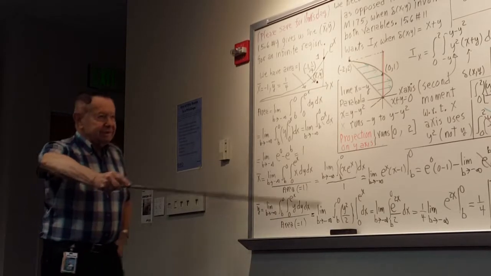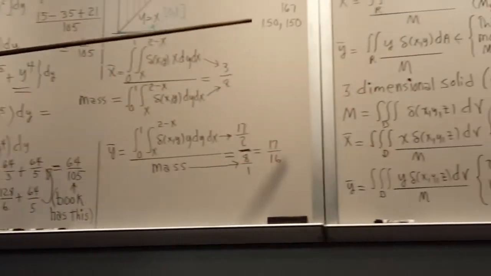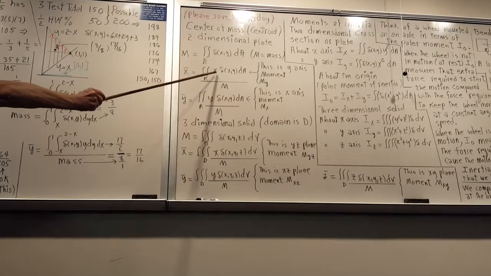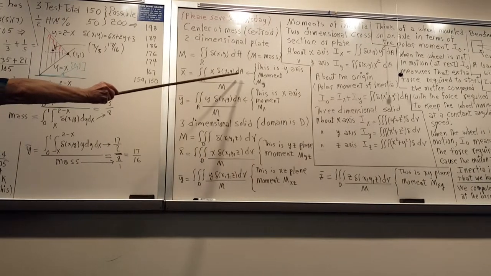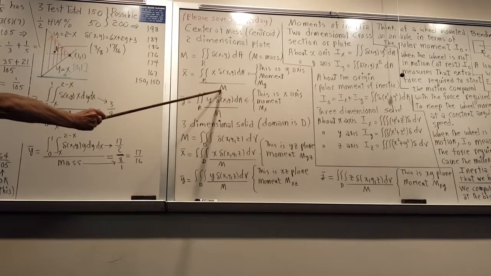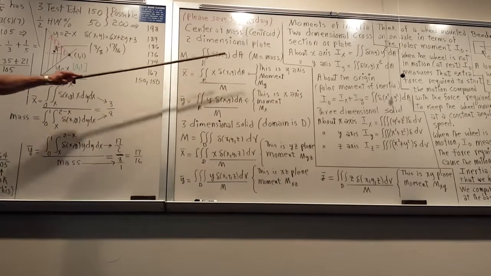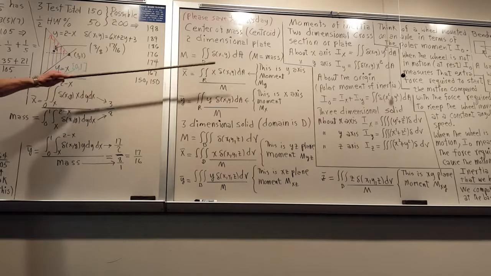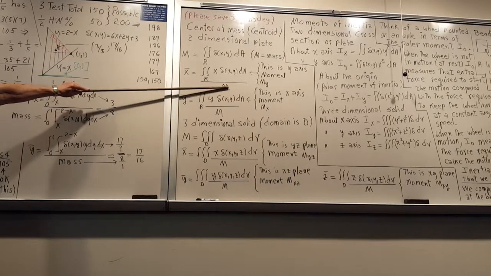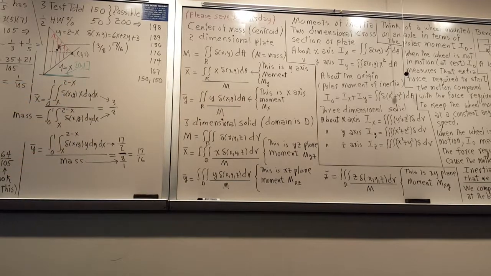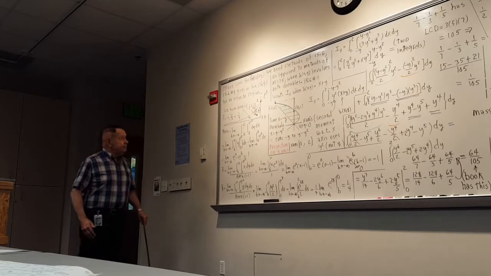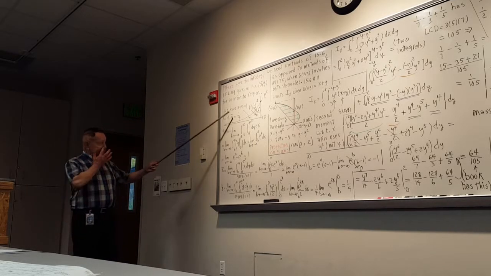So what I'm using then is x bar is x times the density integrated over the region divided by the mass. If you have uniform material, then it's x integrated over the region divided by the area.